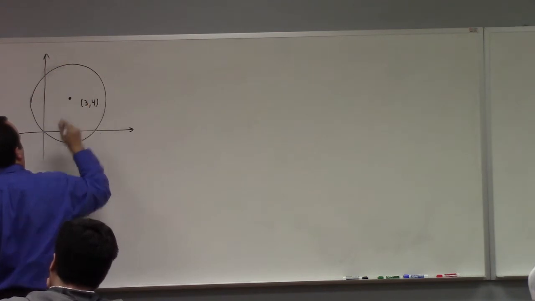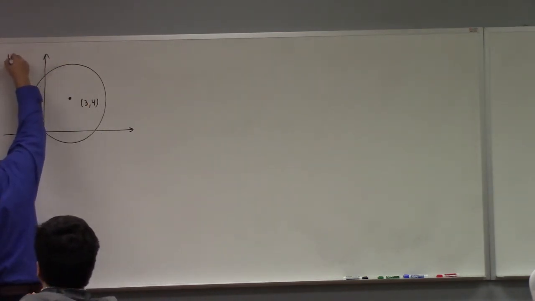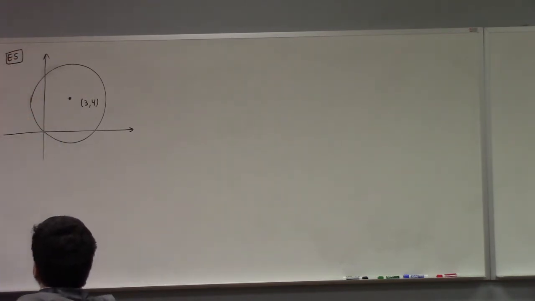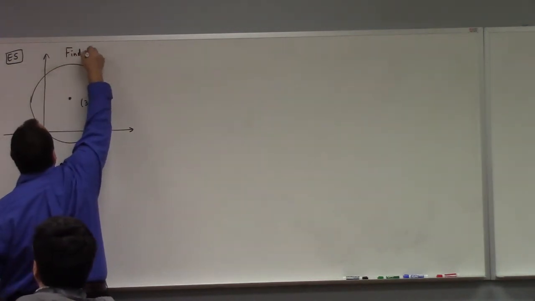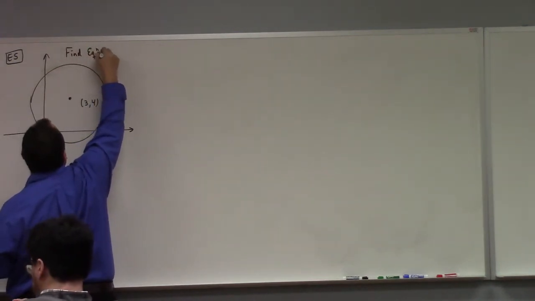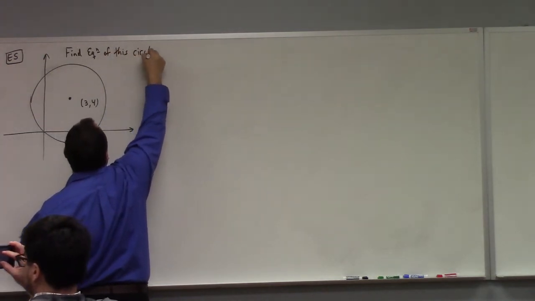There's its center. Example, what was this, 5, 6? I can't remember. It's 5, right? Yeah. So find the equation of the circle. Them's your instructions.